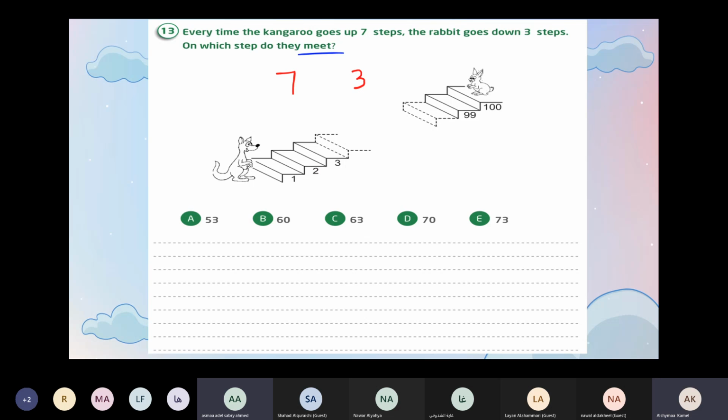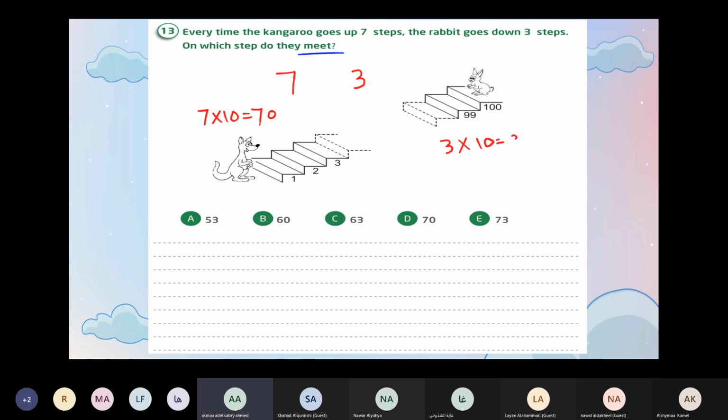I wanted to just say it now, but I wanted you to try first before we use 10. We will multiply by 10. 7 multiplied by 10 will be 70. And 3 multiplied by 10 will be 30.